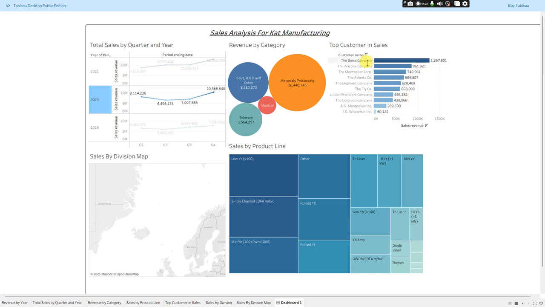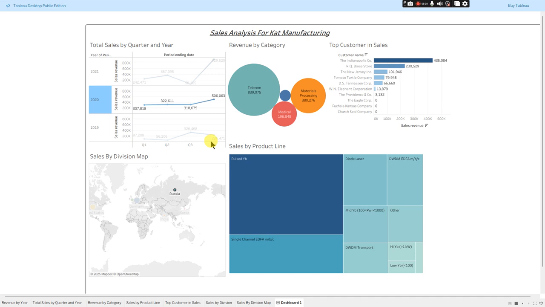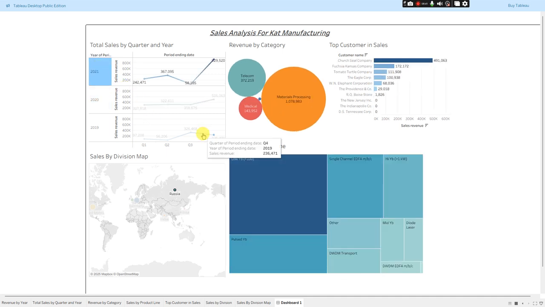We will see that the top customer is the Boise company. And then number 7: who is the top customer for the Russian division in 2021? If we go back to our map, filter by Russia, and then go to 2021, we will see that the Church Steel Company is the highest paying customer with 491,000 in sales revenue.